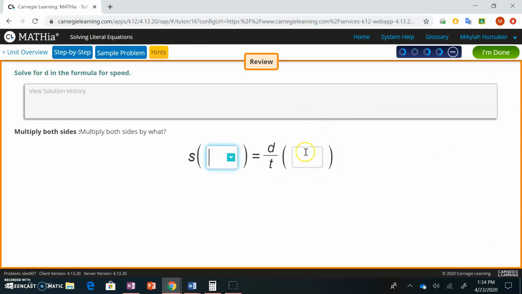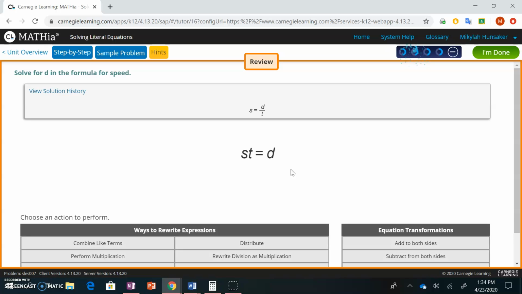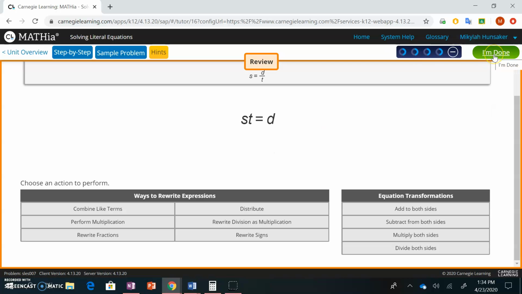We want to multiply by that t, so it goes away. We put t in the box, press enter, and look, the computer basically does the whole problem for you. You just say I'm done and move on to the next problem. Just do a couple of these and fill all these circles in until they're nice and green, and then you've finished with this workspace. Get to it. Let us know if you have any questions.